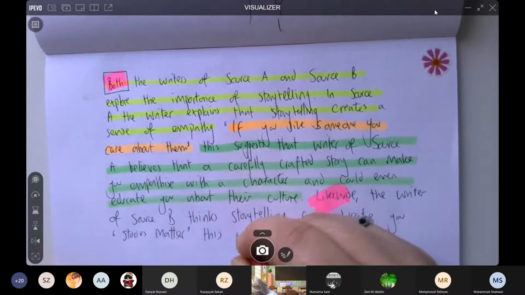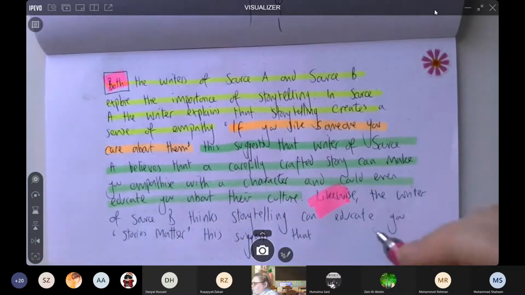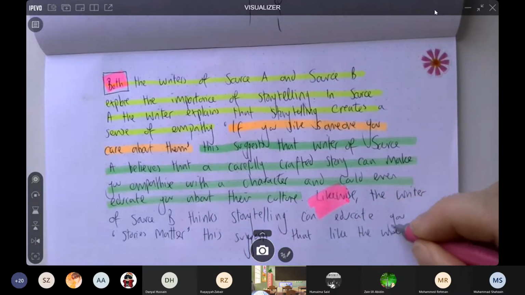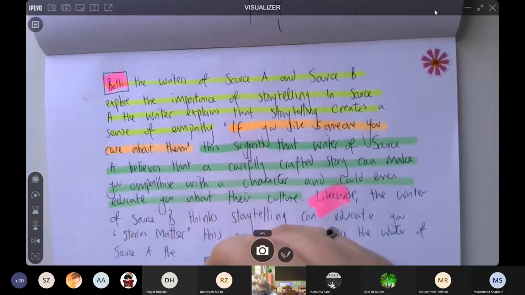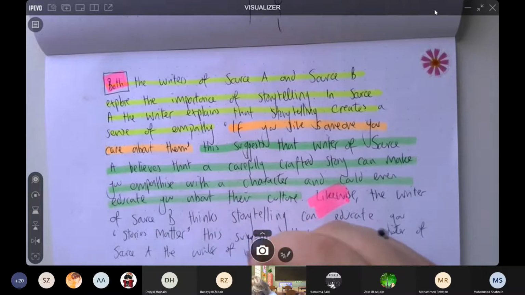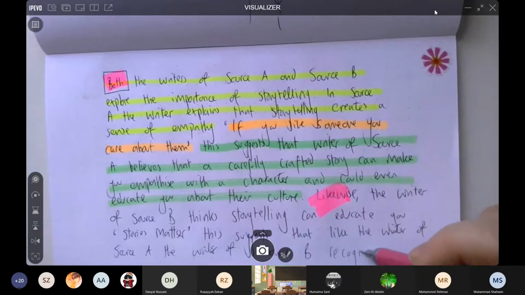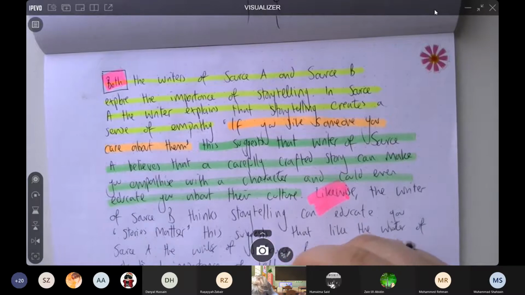This suggests that, like the writer of source A, the writer of source B recognises the educational importance of telling a story, of telling someone's story.